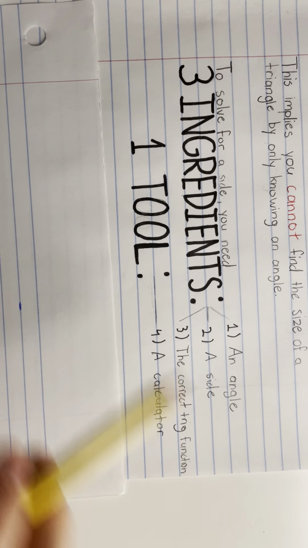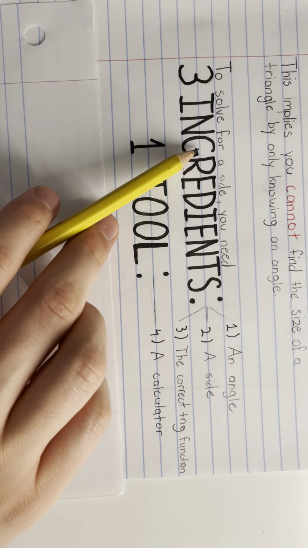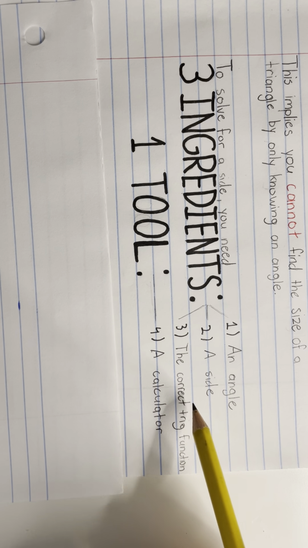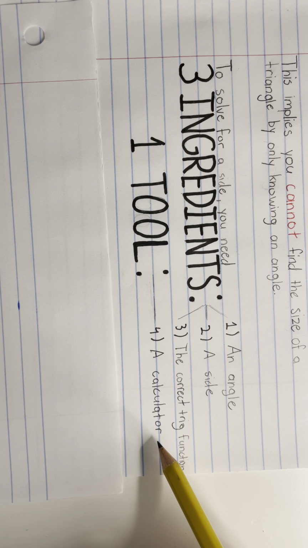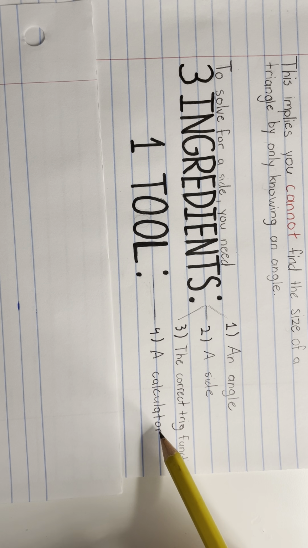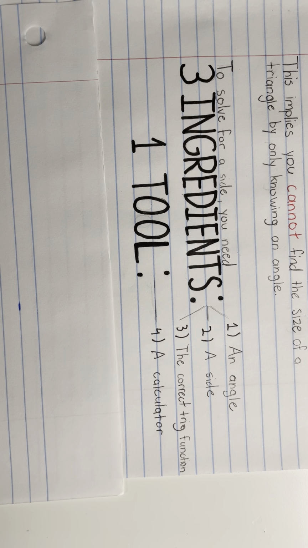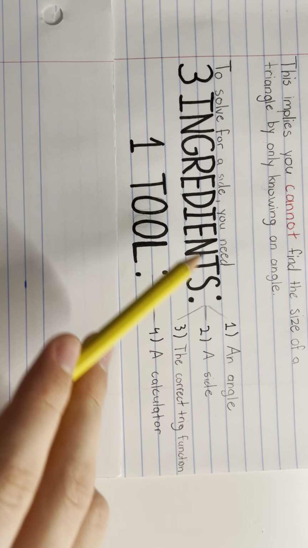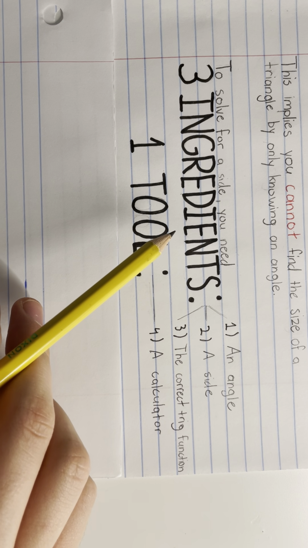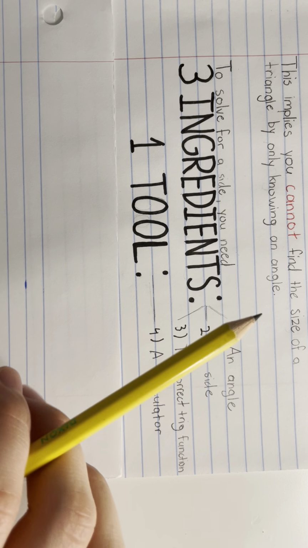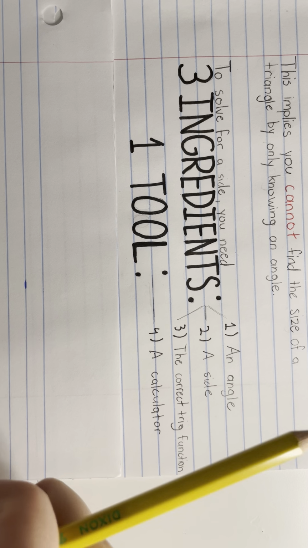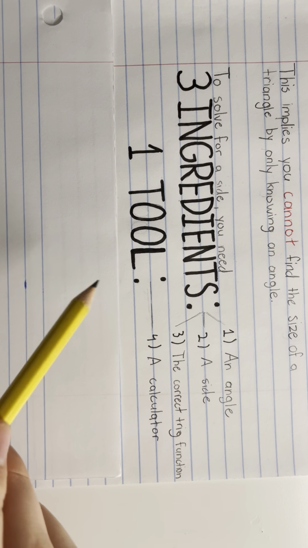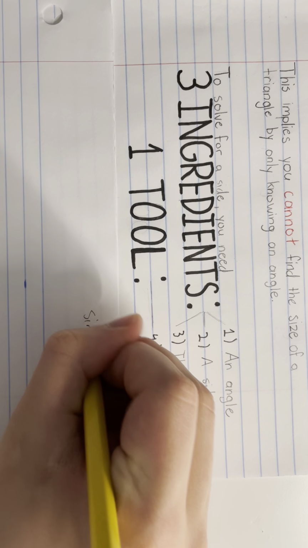Like I said, you will need some other stuff, specifically 3 ingredients and 1 tool. That would be an angle, a side, the correct trig function, and most often a calculator. And I say calculator because most trig values are really specific decimals that you can't remember, like the sine of 58 degrees.